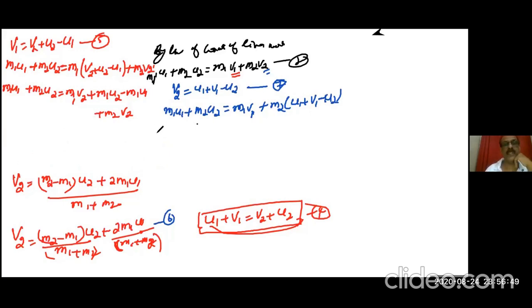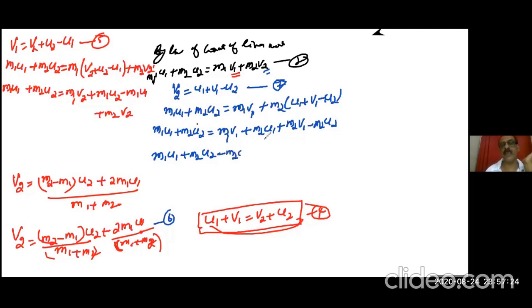Substitute here: M1 U1 plus M2 U2 is equal to M1 V1 plus M2 U1 plus M2 V1 minus M2 U2. Now V1 terms keep on the right side.